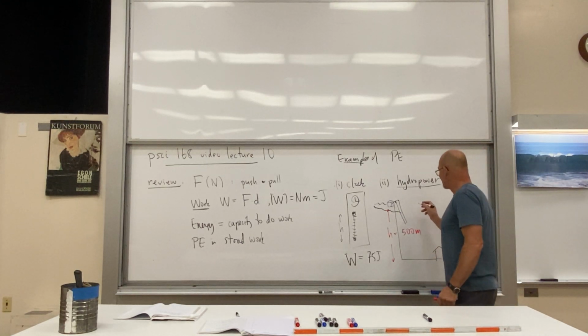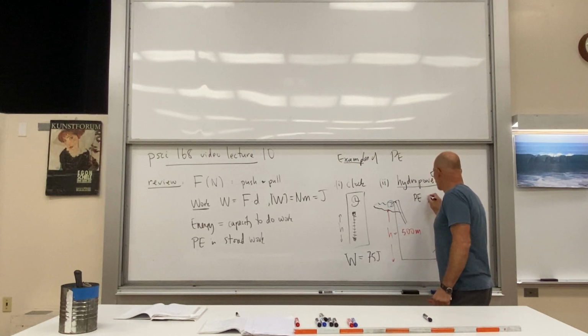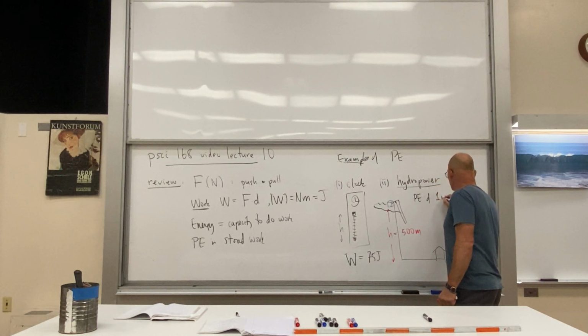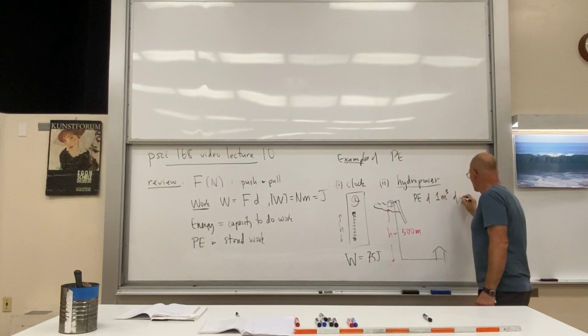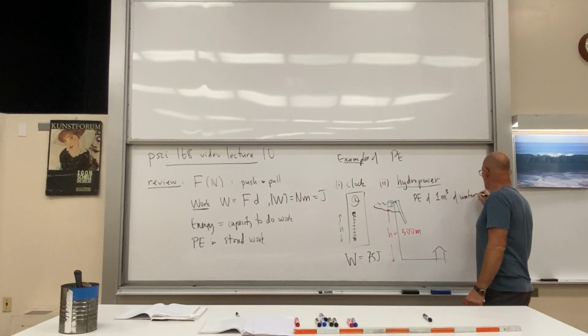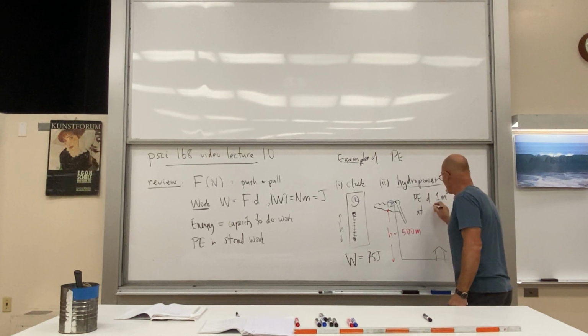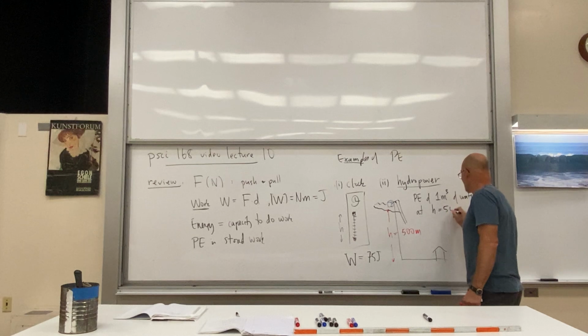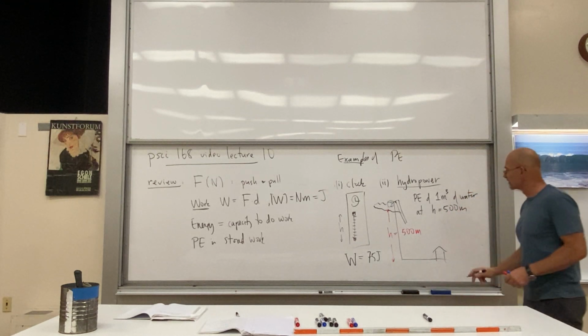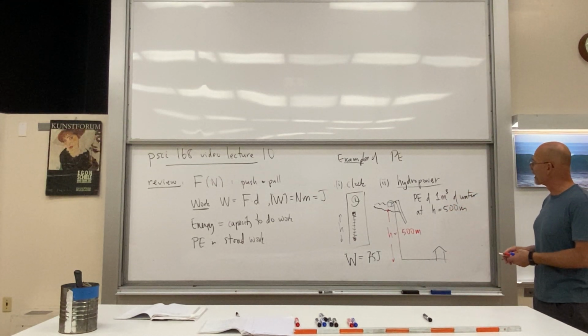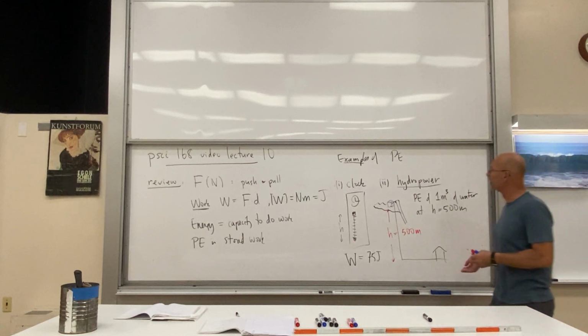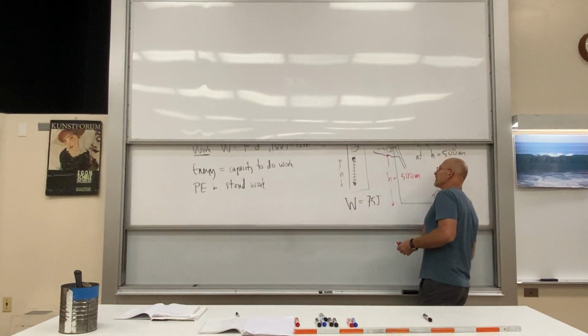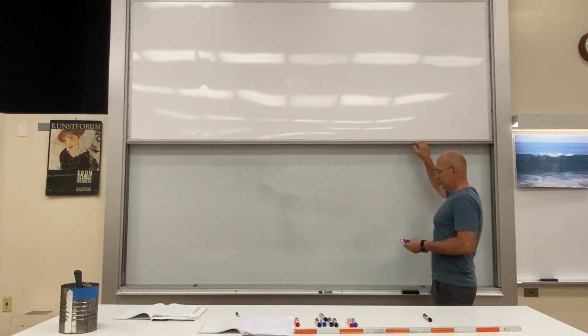Okay. So potential energy of 1 meter cubed of water at h equals 500 meters. Okay, so that's a well-defined problem here. So how much potential energy is that? Let's go on here.